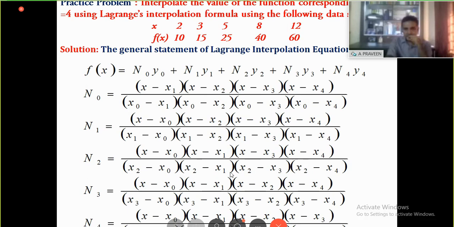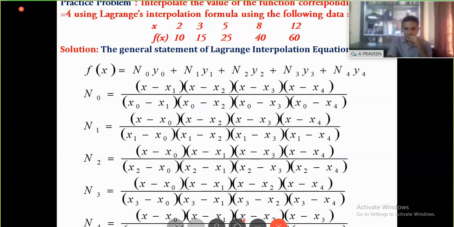Look at N3, the same approach exists here too. (x minus x0), (x minus x1), (x minus x2), you don't see x minus x3, you get x minus x4. x3 comes in the denominator: (x3 minus x0), (x3 minus x1), (x3 minus x2), (x3 minus x4). Same for the fifth polynomial, N4.